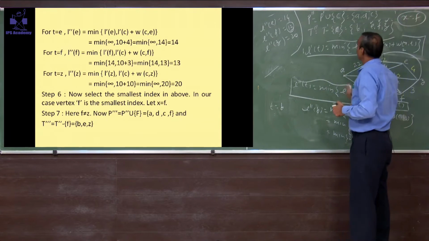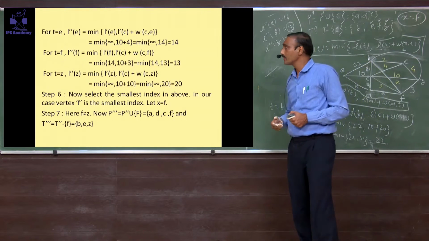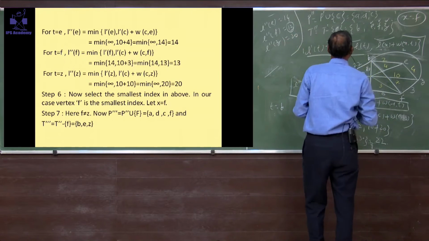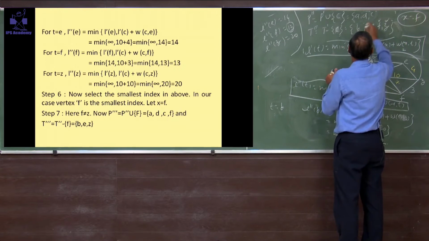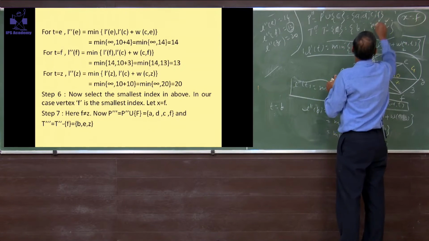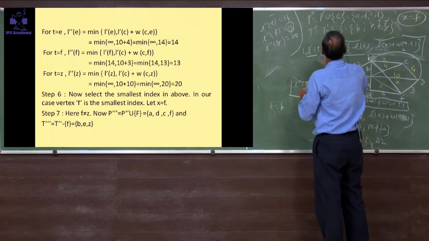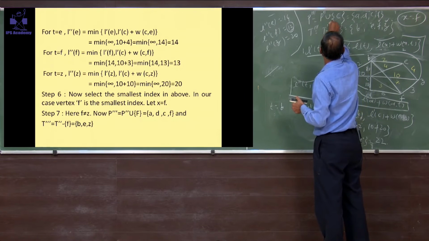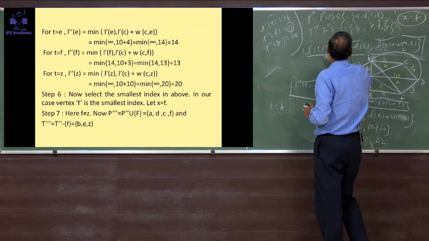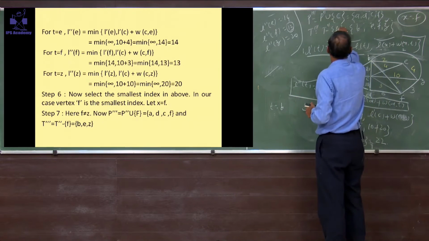Now what will the path be? Adding the F in the path P double dash, we get A comma D comma C comma F, and remove F from T double dash.